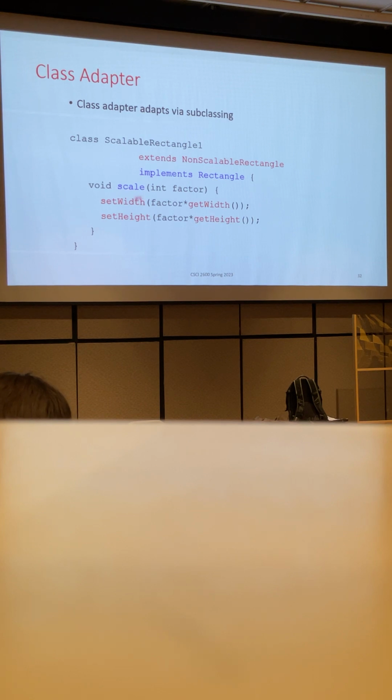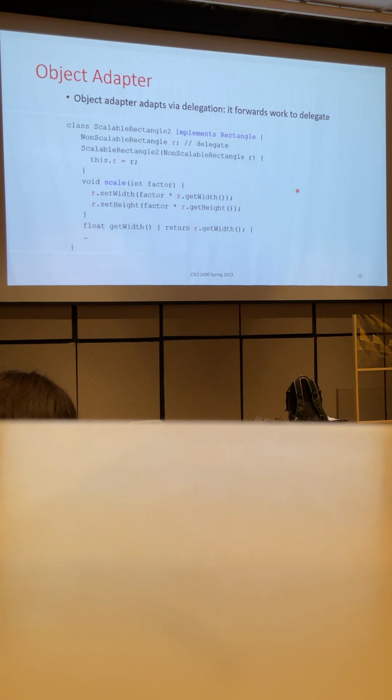We have the implementation of the scale method here, because of course interface Rectangle calls for the scale method, and here we can use getWidth, setHeight, getHeight of the underlying NonScalableRectangle. It's in red because it is coming from this red NonScalableRectangle. Scale is blue because it is our responsibility for the Rectangle interface to implement this scale method. All right, so that would be an example of a class adapter.